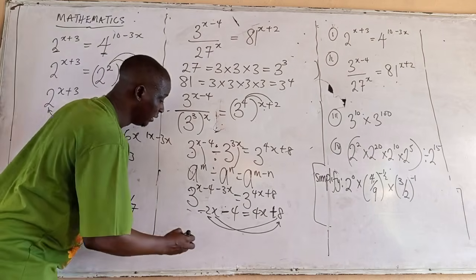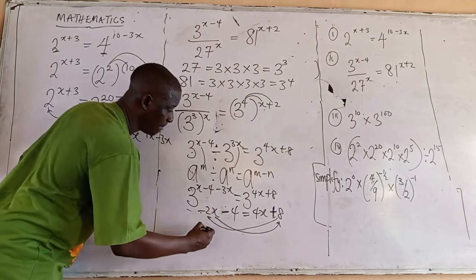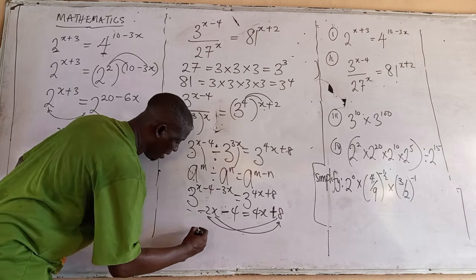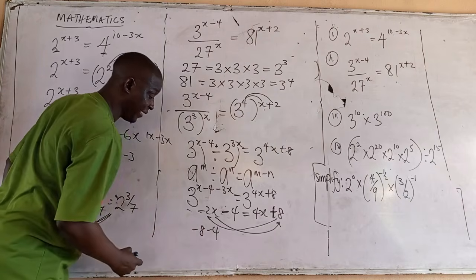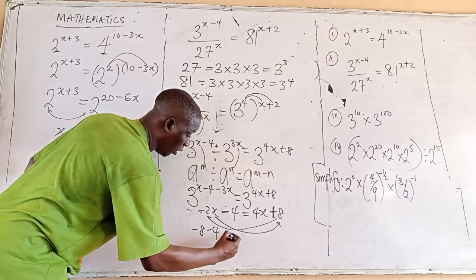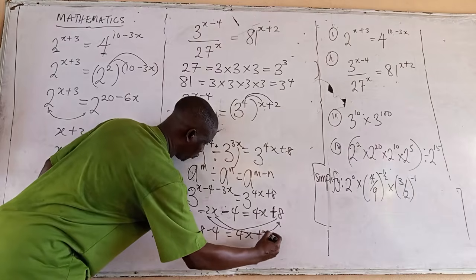So we are going to have minus 8 minus 4, and you have to be very careful when this one moves to this place. Then this one moves to that place, becoming 4s plus 2s.